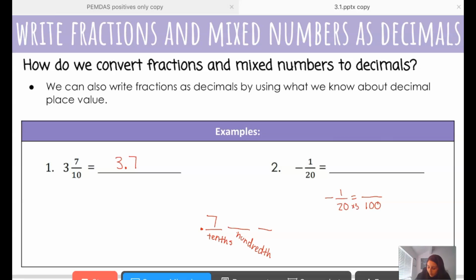So we multiply that by 5, and whatever we do to the denominator, we have to do to the numerator to keep it an equivalent or equal fraction. So 1 times 5 is 5. So now we have negative 5/100. 5 is in the hundredths place value, which is right there. So this would convert to negative 0.05. Right? We're just placing it in our decimal place value.